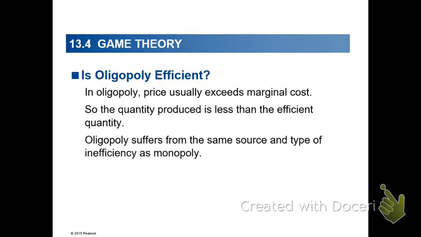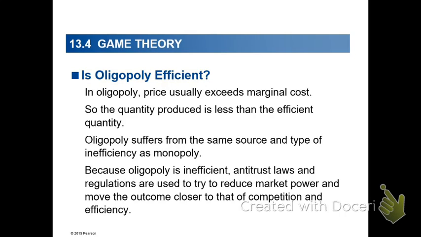Oligopoly could also suffer from the same set of inefficiency coming from monopolistic competition, in the sense that it could also lead to underproduction, and that could lead to a further inefficiency in the market. So just like monopoly, oligopoly would also require a lot of government regulations to seek remedial measures in the market.